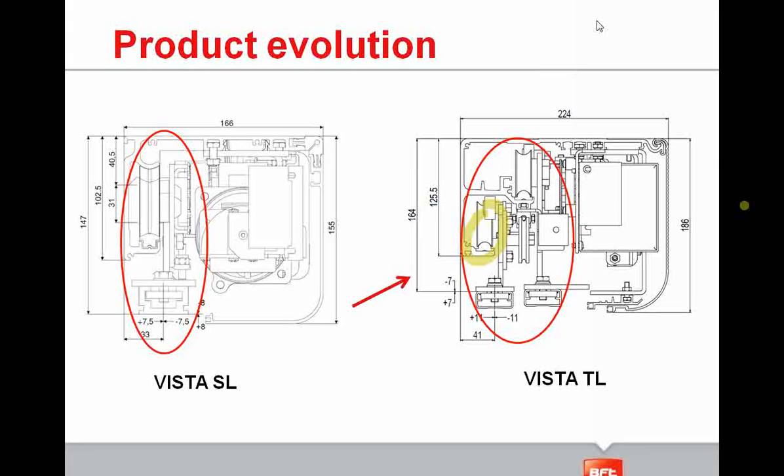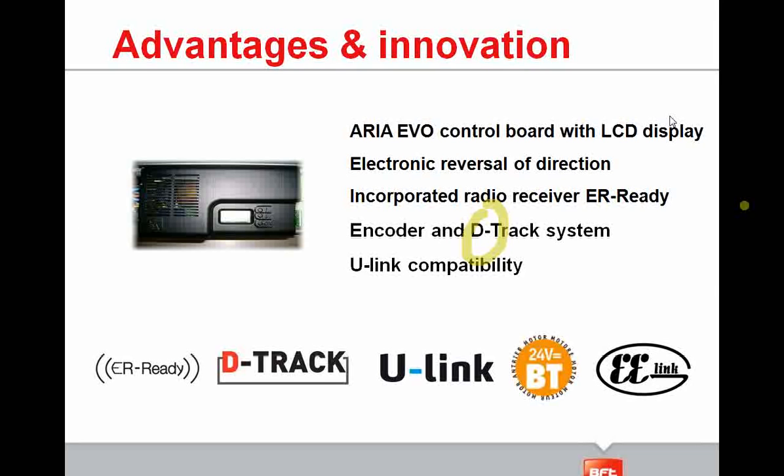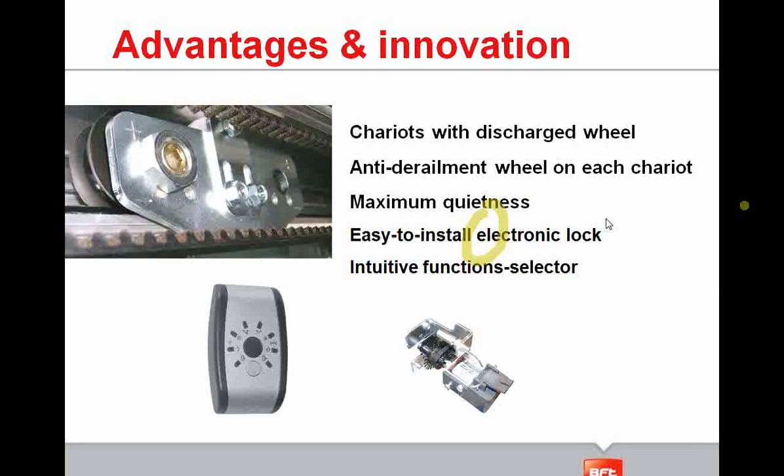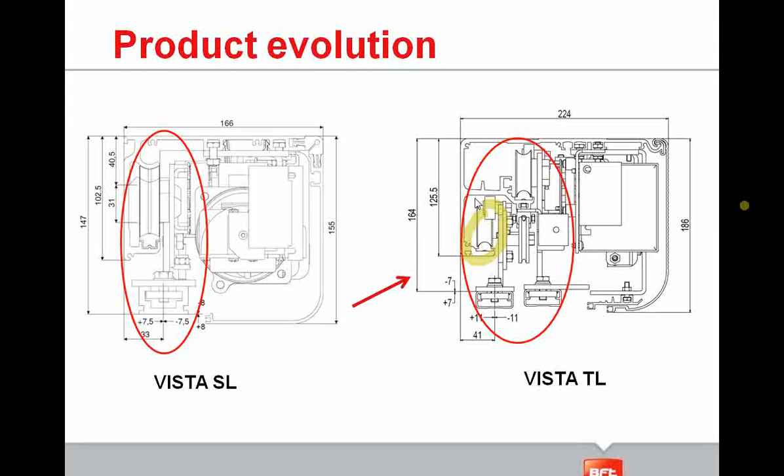Can you see my arrow here if I move? Yeah. Okay, perfect. So one wheel is here, and the other one is here. This is the fast speed leaf, and this is the slow speed leaf.